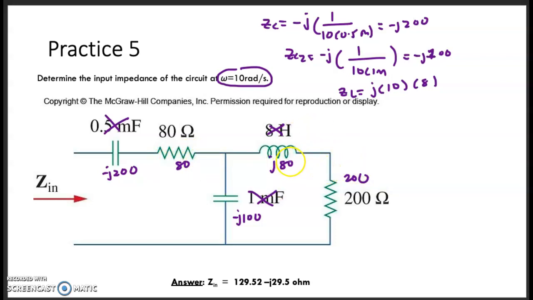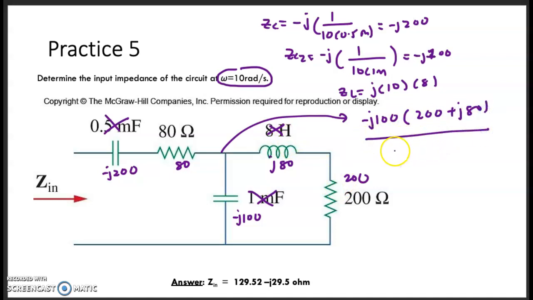So slowly just try to solve. 80 and 200 are in series, right? And this one is in parallel. Let's say you want to find this point. I just make it a shortcut. You can do it slowly. It is minus J100 in parallel with 200 plus J80.